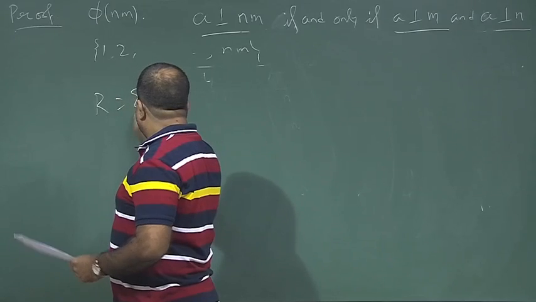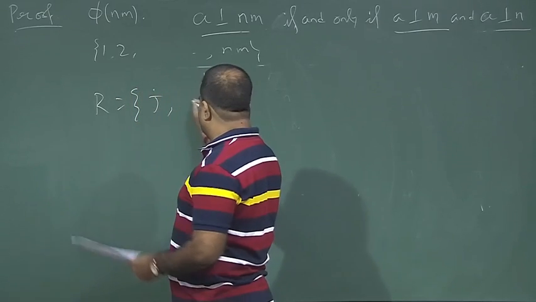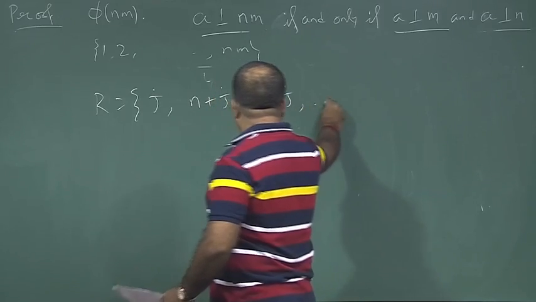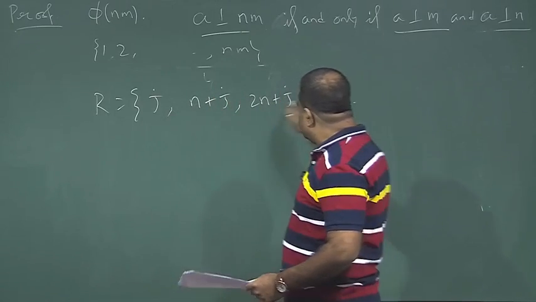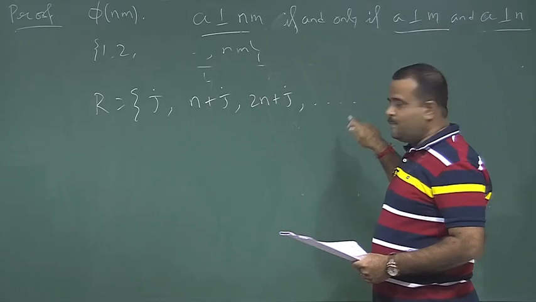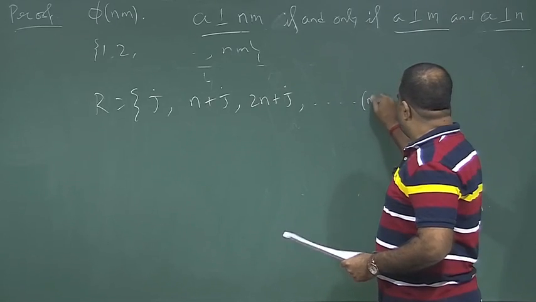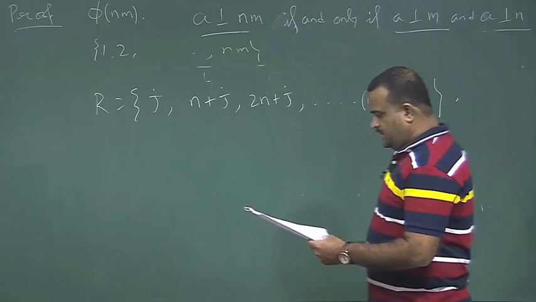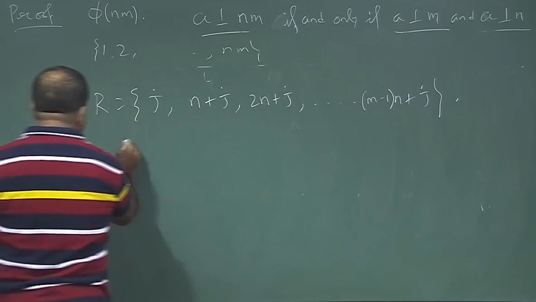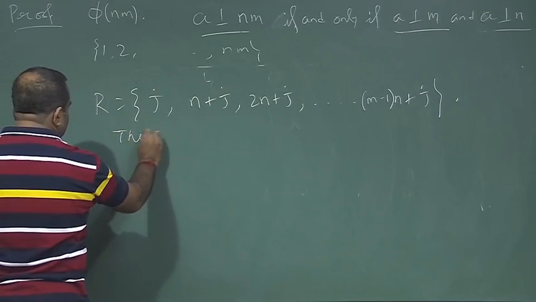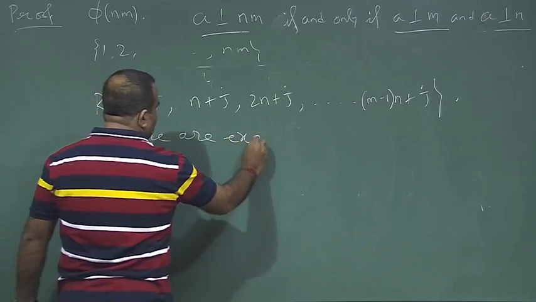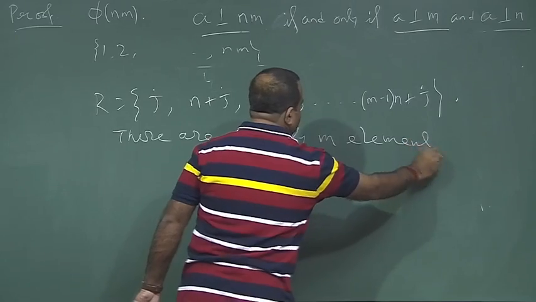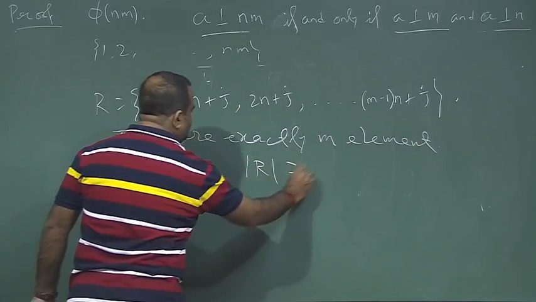We take j, this is one column, n plus j, 2n plus j, this is the jth column, where all the elements are co-prime to n. Now we want to see among these how many are co-prime to m. There are exactly m elements in this set.